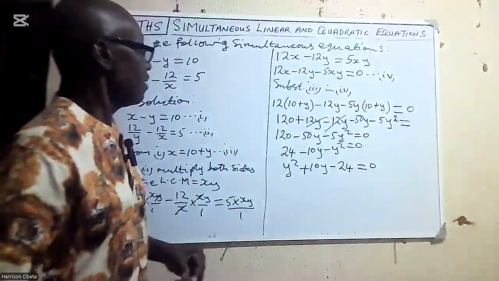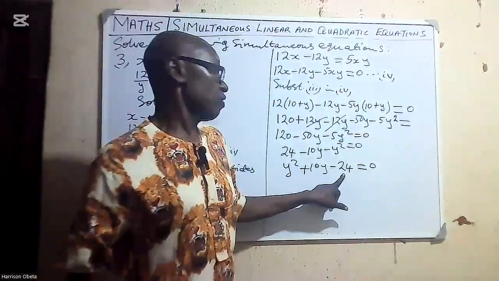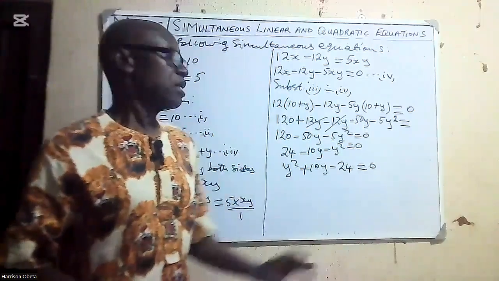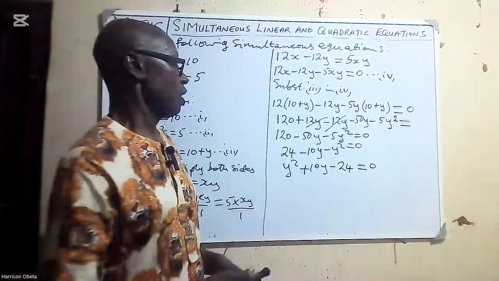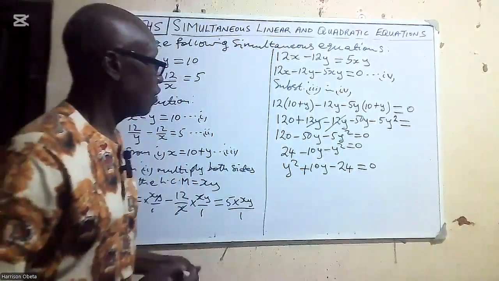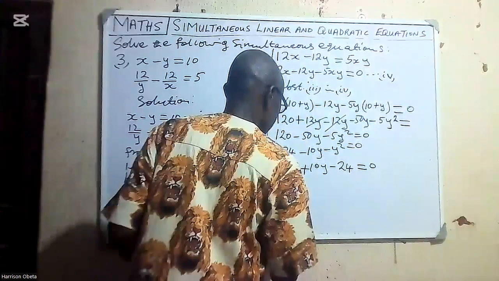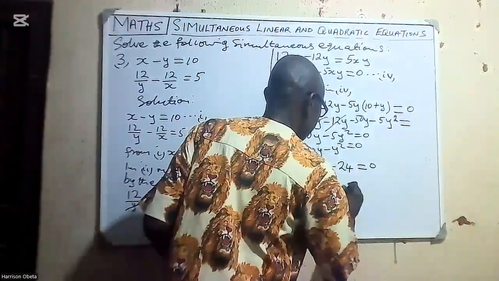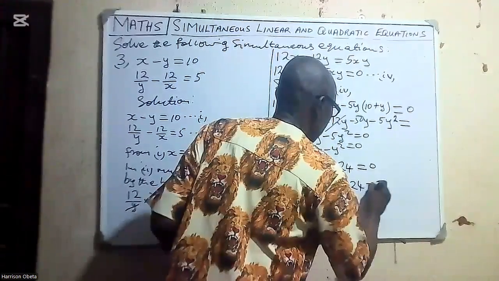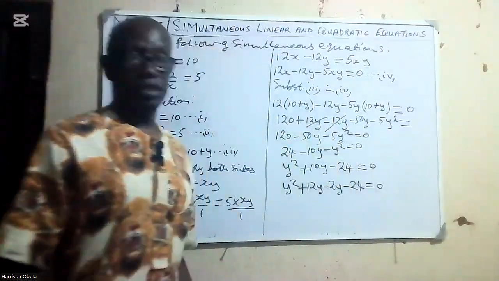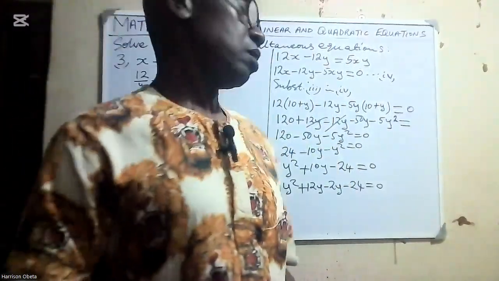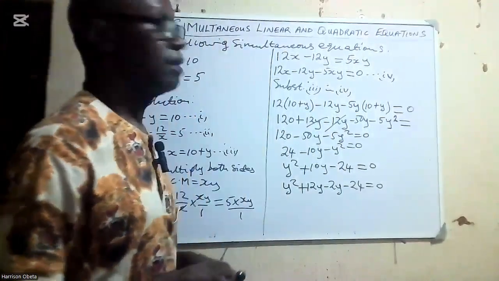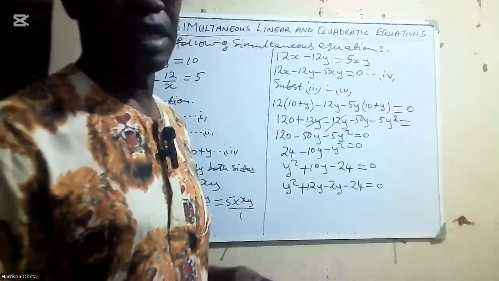Yes. So now we have to look for factors of this that will give us this when we multiply, when we add or subtract to get the middle one. And that should be plus 12 minus 2. So y squared plus 12y minus 2y minus 24 equal to 0. When you multiply minus 2 by 12 positive, it will give you minus 24.